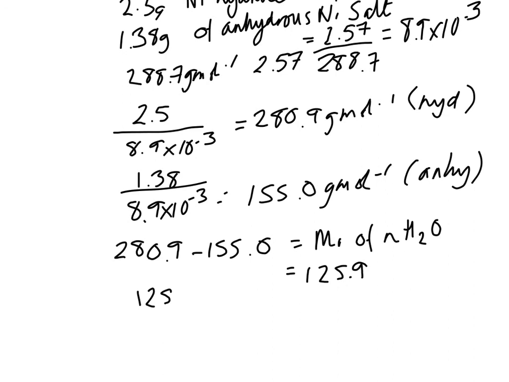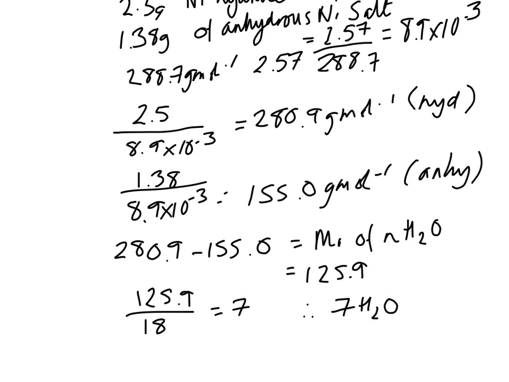If we divide that by molar mass of water, that gives us 7. So therefore we have 7 waters of crystallization. Okay, right, so we've got a number of waters of crystallization.